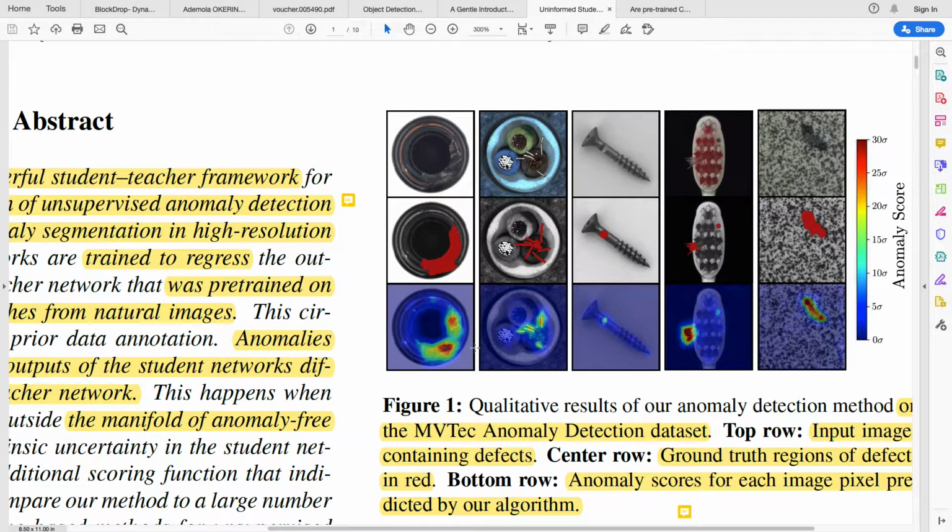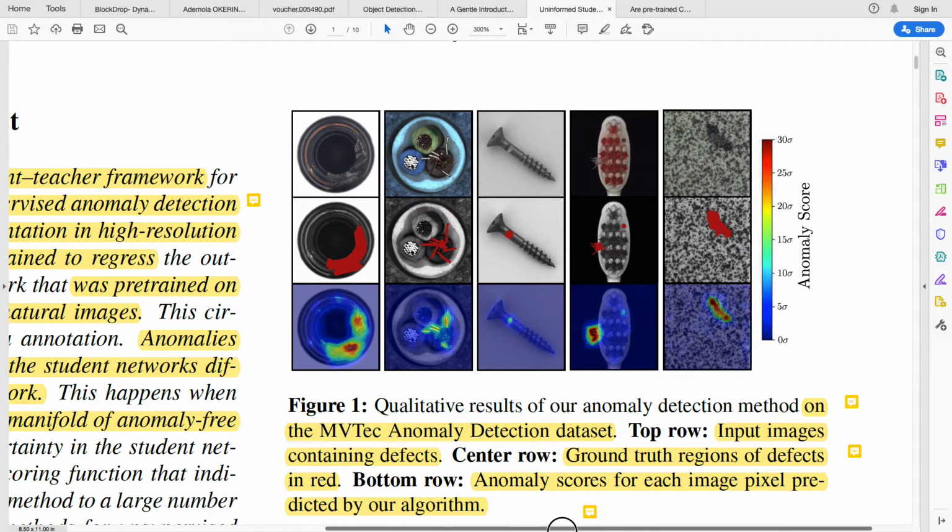And this is their result here. So they showed us their result here. It's based on certain scores, so they are able to detect the anomalies. So that is the task in this paper. This figure 1 gives us a high level overview of what the input is, what the output is, and what the result of their algorithm is.